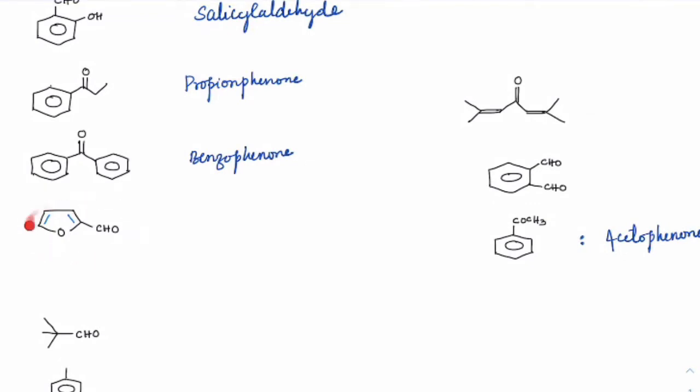Next, if you have this kind of group here, basically it's like a furan group with CHO. Because it is derived from furan, we call it furfural. Especially during problem solving, in Cannizzaro reactions, furfural is very useful. So remember it as a common name, furfural.